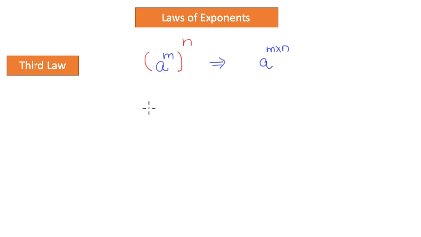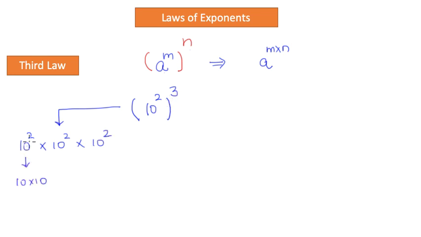Let's say I have 10 to the power 2 and I'm raising it to the power of 3. How do you expand this? That means I am multiplying 10 to the power 2 three times. That's exactly what power means, correct?